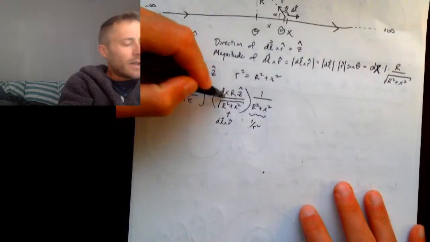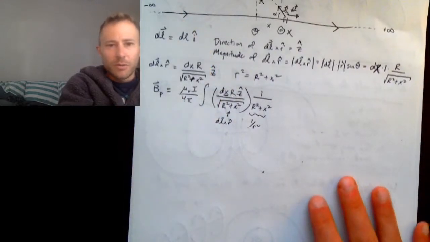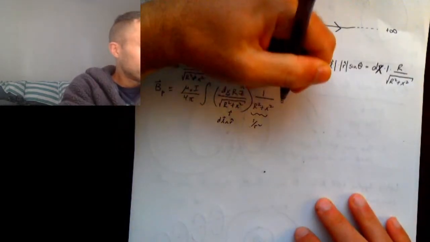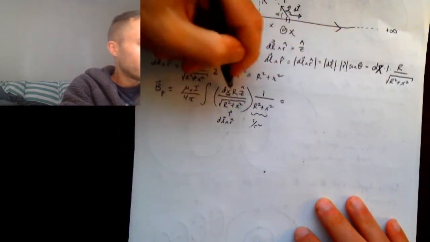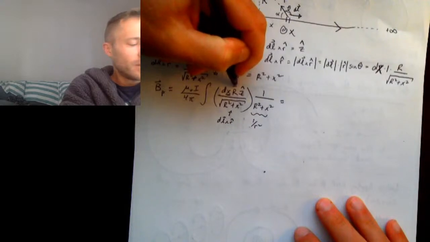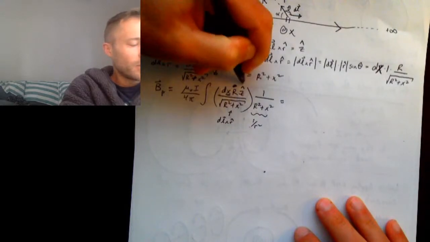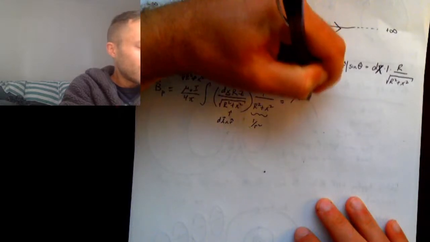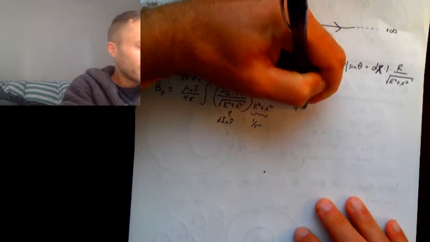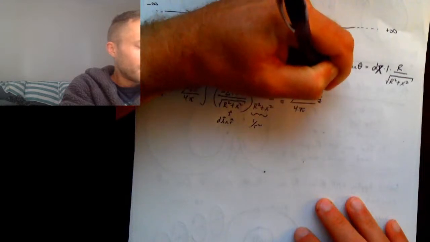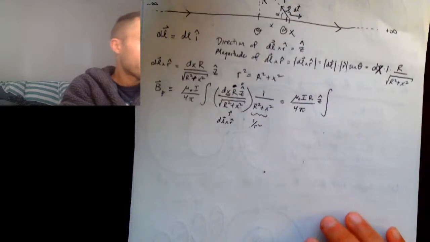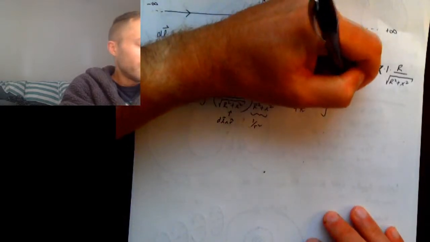Okay, so x is our integration variable, so we can factor out anything that doesn't depend on x. So in particular, I'm going to factor out r, and I'm going to factor out z hat. So mu naught I r over 4 pi times z hat times the integral of dx.